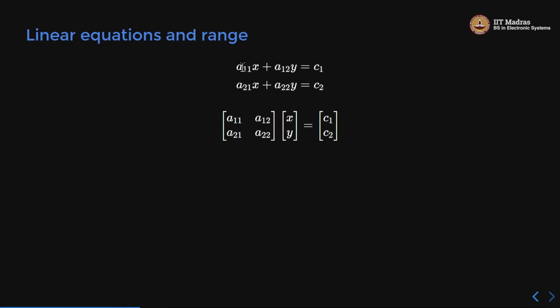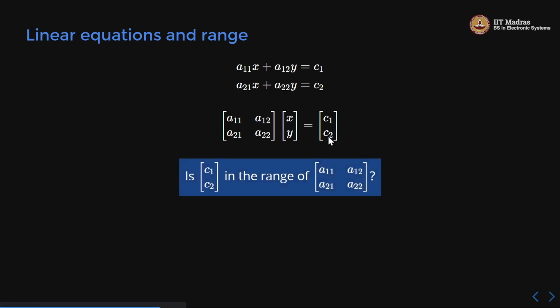Here is a standard set of two linear equations in two variables: a11 x plus a12 y equals c1, a21 x plus a22 y equals c2. We know how to write it in matrix form: the matrix with rows a11, a12 and a21, a22, times the vector x, y, equals c1, c2. Now, this question is the same as this question.